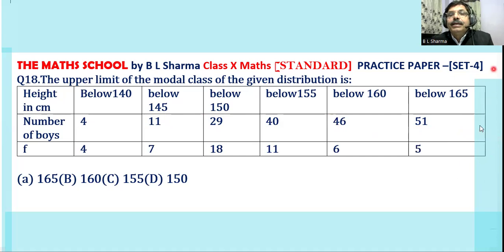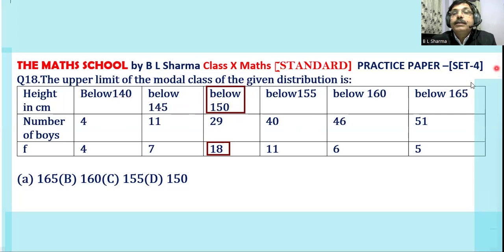अब आपको ये देखना है कि इसमें हाईएस्ट फ्रीक्वेंसी किसकी है. Here you will see that this is the highest frequency, and here you will see that that is the upper limit. अगर आपसे पूछते कि लोअर लिमिट क्या होता, तो देखिए हम इसको कैसे करते. ये 135 to 140, 140 to 145, 145 to 150.